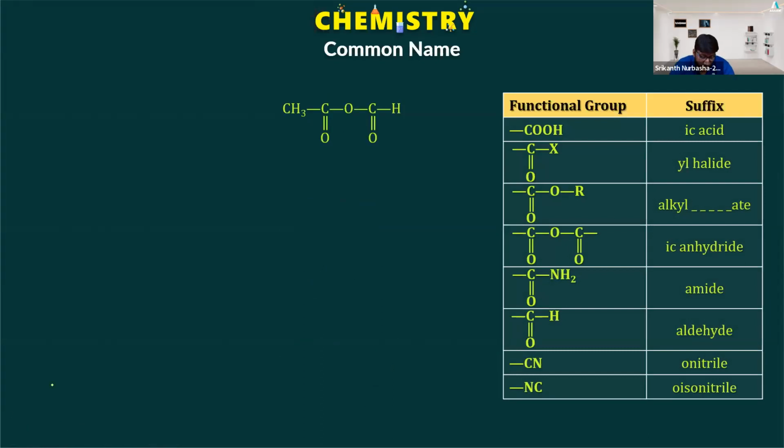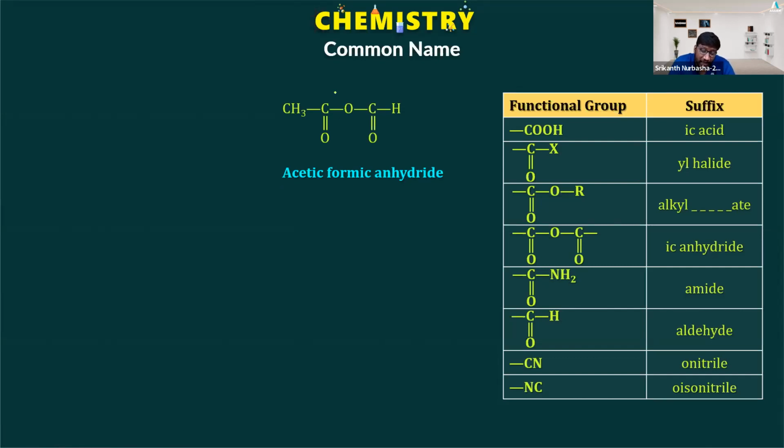Try to name this. CH3 C double bond O, O, C double bond H. It is named as acetic formic anhydride.